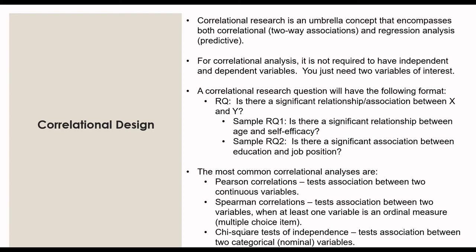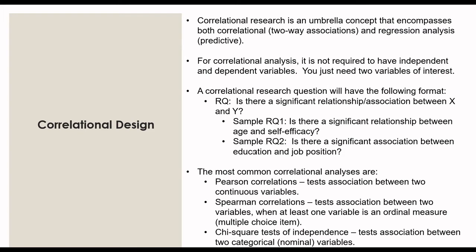A chi-square test of independence is another test for a correlation, but it is used when you're testing the relationship between two categorical variables. So sample question 2 would be a good example of that. Education is ordinal, but it's also categorical.